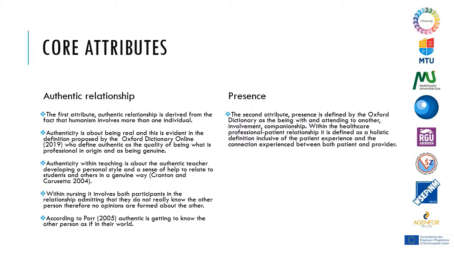Within nursing, it involves both participants in the relationship admitting that they do not really know the other person and therefore hold no preconceived perceptions. The second attribute, presence, is defined as the being with and attending to another. It also highlights the need for involvement and companionship.